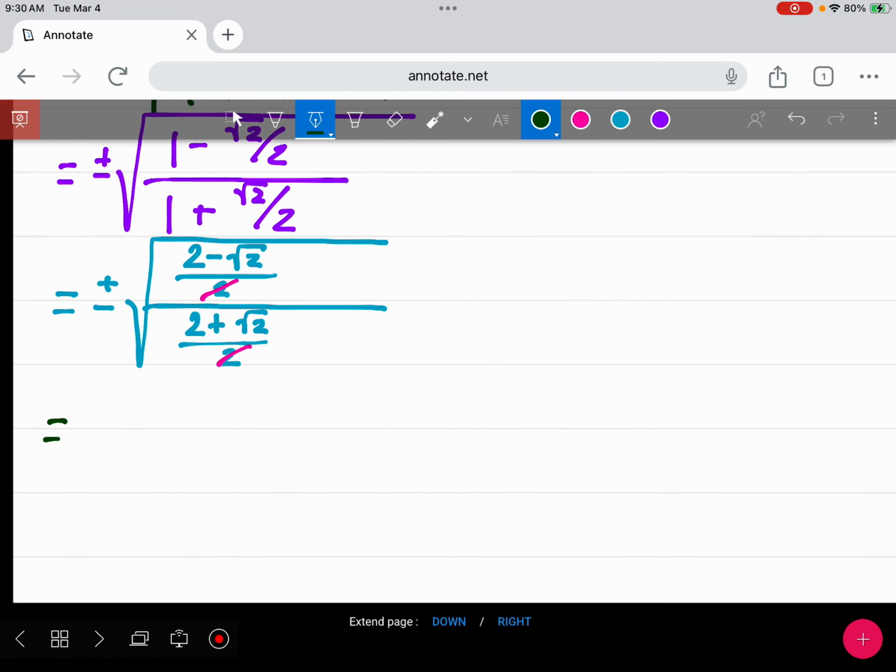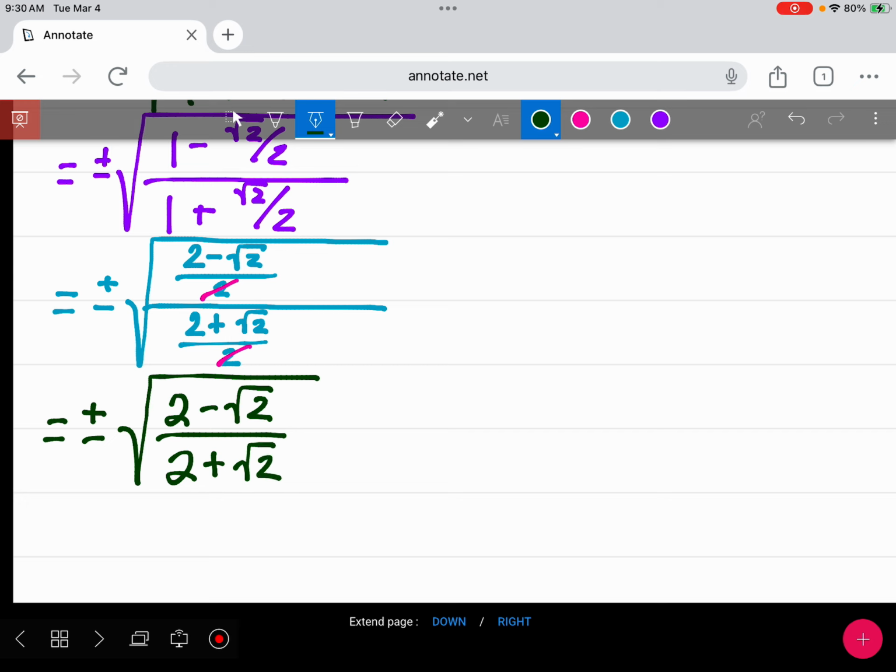So we can write this as plus or minus the square root of 2 minus root 2 over 2 plus root 2. And we're going to stop right there. All we have to do now is figure out our sign.